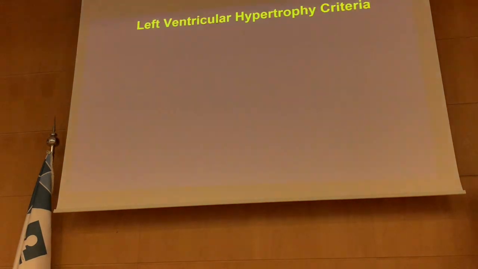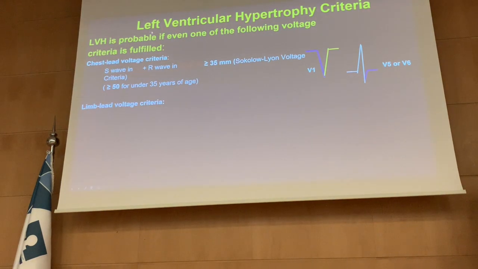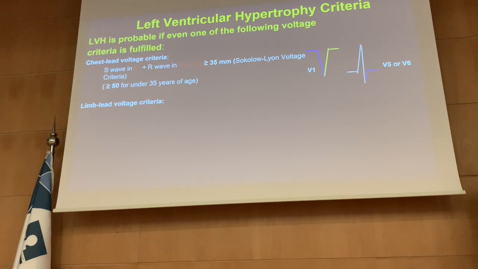There are a lot of criteria actually, a huge number of criteria, but the easiest one is the Sokolow criteria, which is S wave in V1 plus R wave in V5 or V6 more than 35 millimeters. That means it will be left ventricular hypertrophy, and you are good enough. If you go with the visual assessment, it will be good enough.